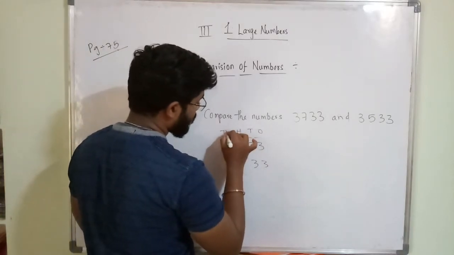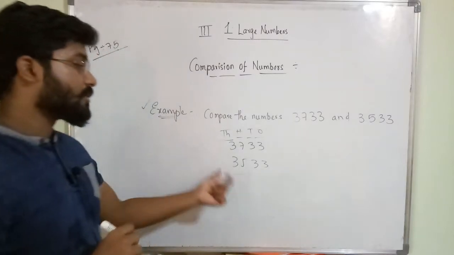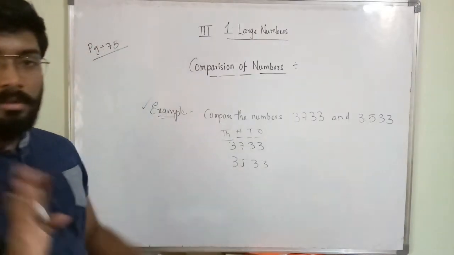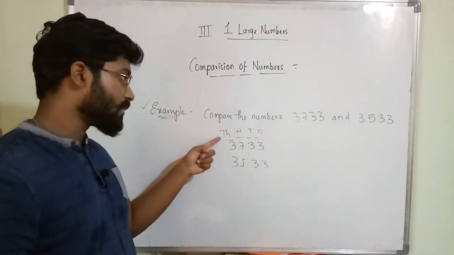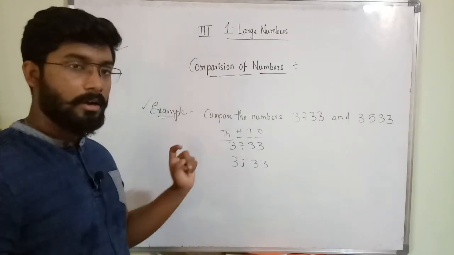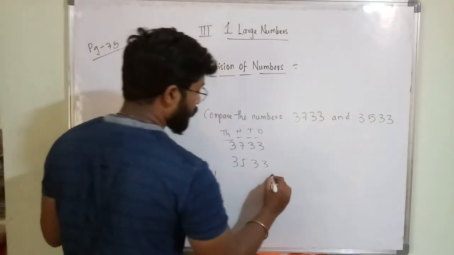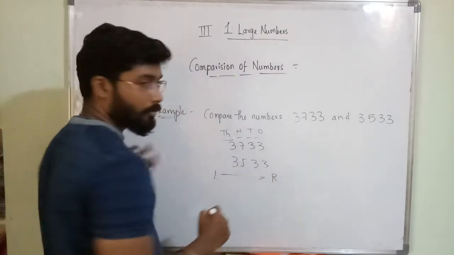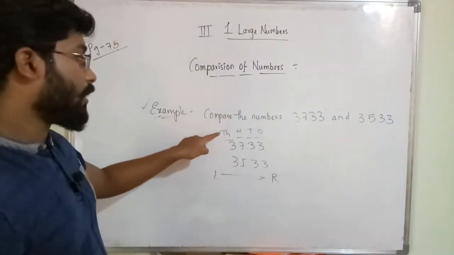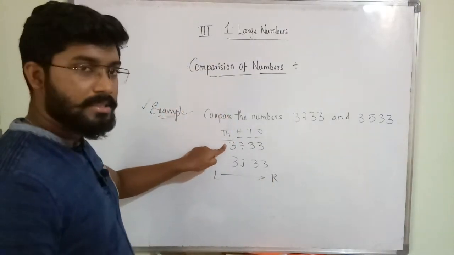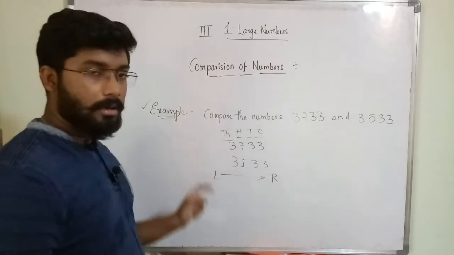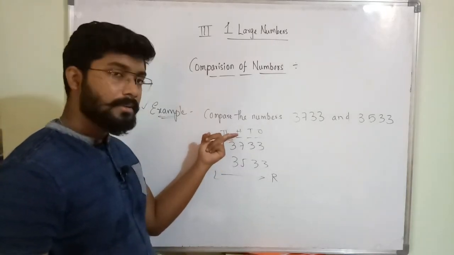Both the numbers are 4-digit numbers. In the thousands place, here 3, here 3, common. You have to come from left to right, start checking from the left side. So I am starting from the thousands place. 3, 3, common. In the hundreds place, here 7 is there, here 5 is there.